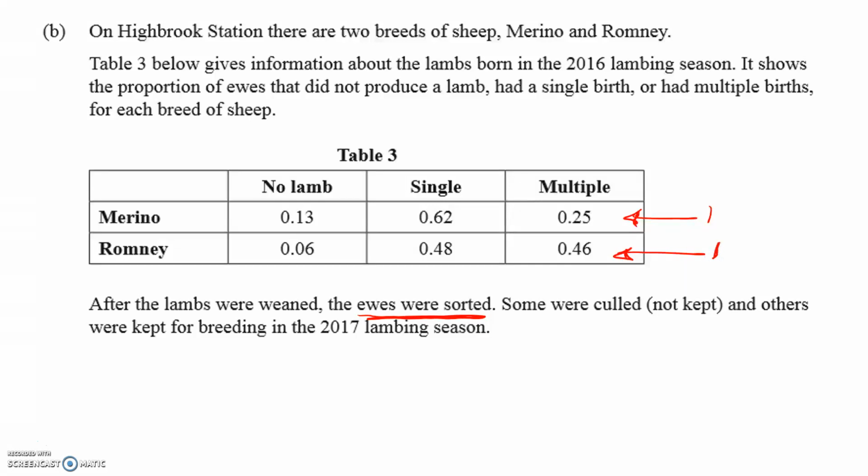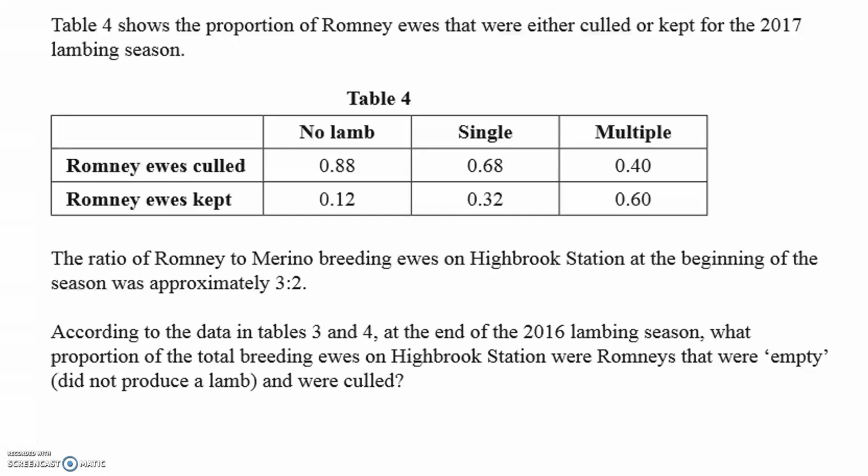Then on the next slide, we still haven't got to the question. This is the proportion of the Romney ones that were culled and kept. So here, this adds up to 1, this adds up to 1, and this adds up to 1. And you can see that the ones who were the multiple births, so the ones who had the twins, not many of those were culled.